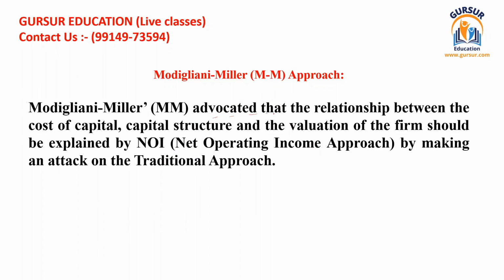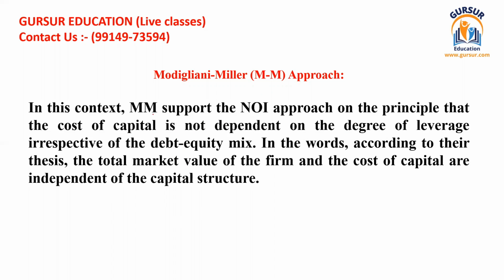Modigliani and Miller advocated the relationship between cost of capital, capital structure, and valuation of the firm, and that is explained first for the case when there are no taxes. So they are assuming some things. Modigliani and Miller support the net operating income approach on the principle that the cost of capital is not dependent upon the degree of leverage, irrespective of debt and equity mix.